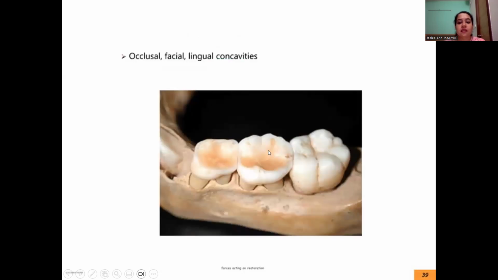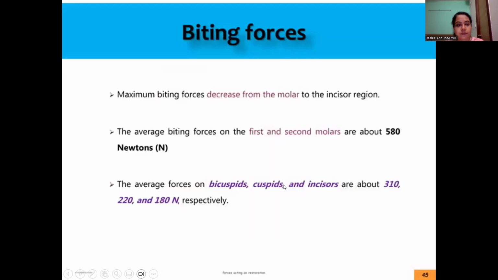And we always see the concavities or the wear facets in patients with masticatory problems, that is bruxism, clenching, grinding. In such cases, you will see wear facets, especially on the functional cusp.